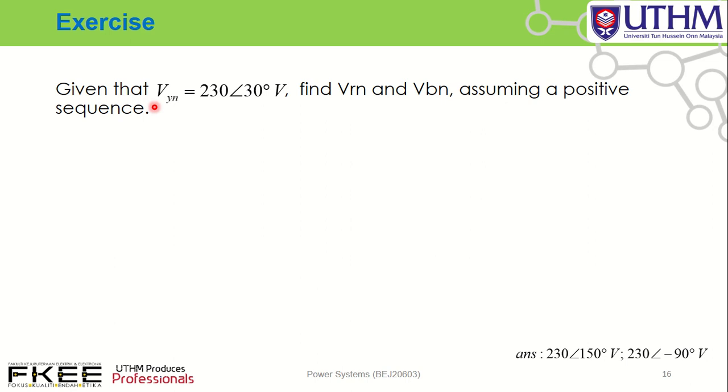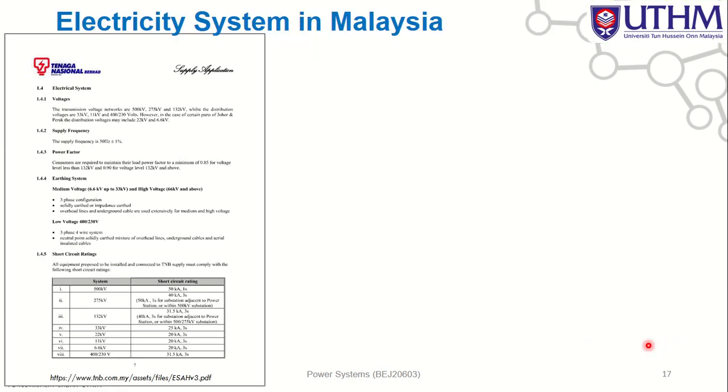RYB sequence. So you need to determine the value of VRN and VBN. You can try this exercise on your own, and then compare your answer with the given solution. Here we have the given answers, VRN and this one is VBN.